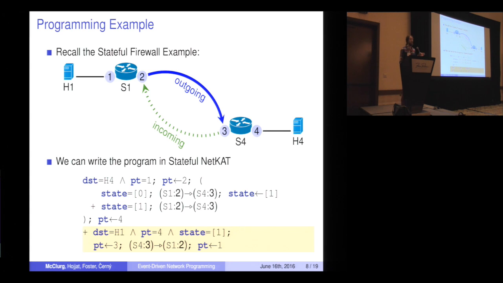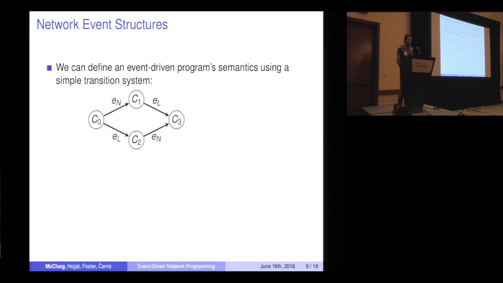And so this last part represents the incoming link. And what happens is, at the end of the first line there, it checks if the state is 1. And only at that point does it forward the packet across the incoming link. So that's the syntax of this language.